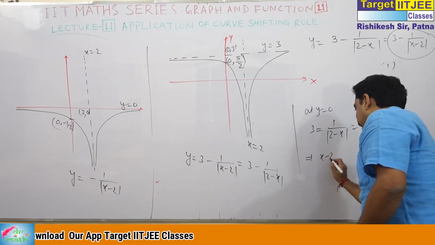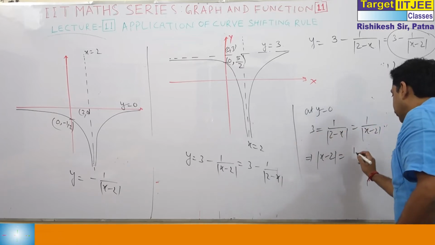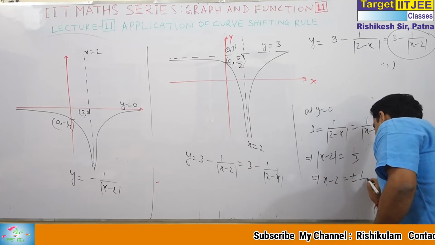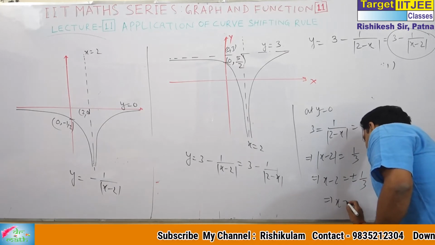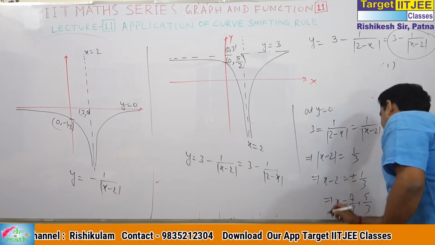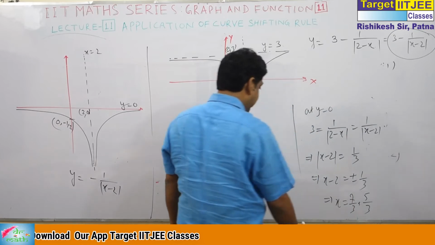What do we get? |x minus 2| is equal to 1 by 3. What do we get? x minus 2 equals plus minus 1 by 3. What do we get? x is equal to 7 by 3 and 5 by 3.